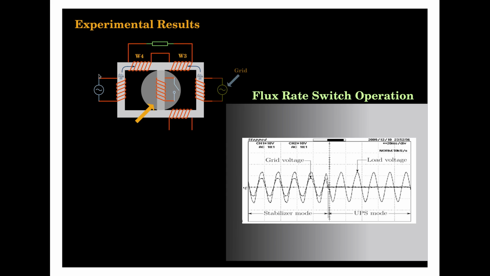Now this is taking up the full load because the flux rate switch has operated and removed this arm out of the picture, and the whole winding is coming across this series compensator, which is now acting as the single and only source and providing the sine wave voltage to the load.